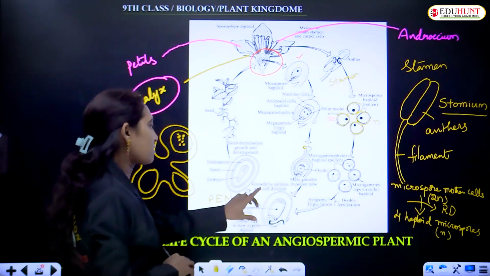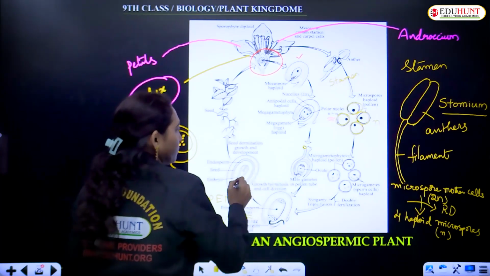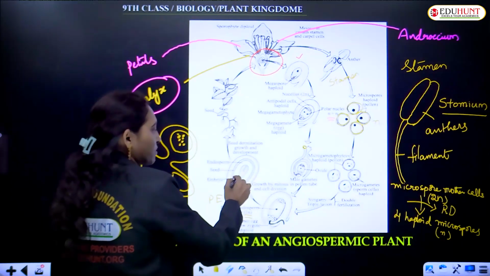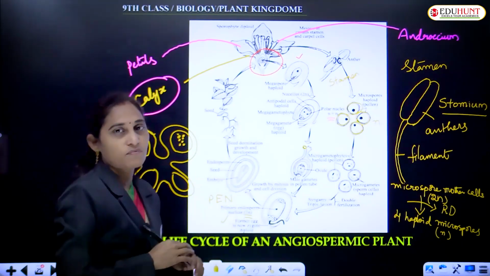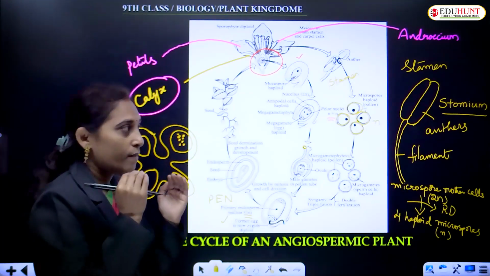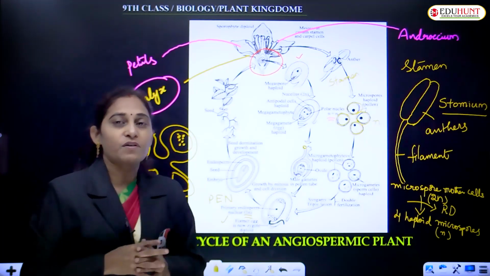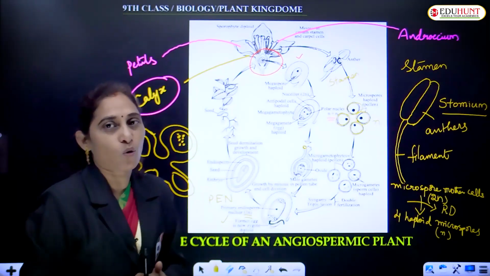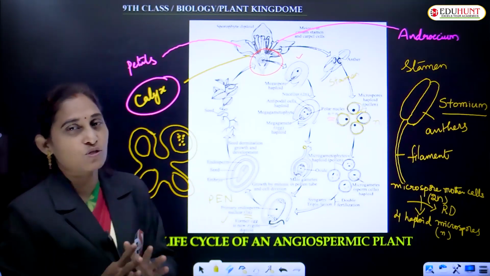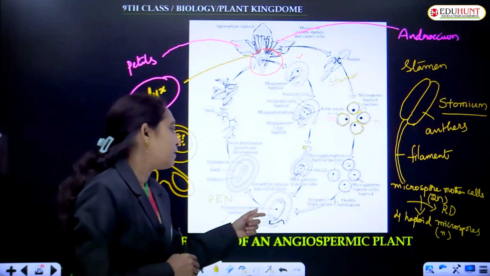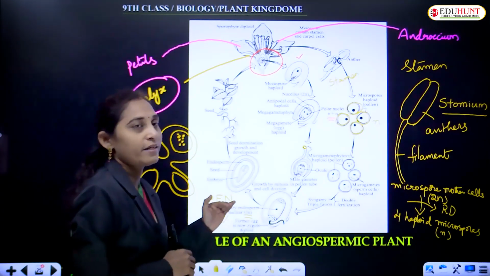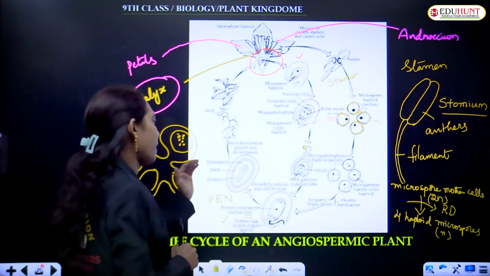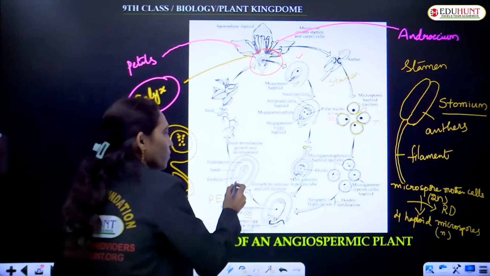And this is the seed. The seed consists of the seed coat, the ovule integument. After fertilization, the ovule coat transforms into the seed coat, and the zygote will divide and form the embryo.